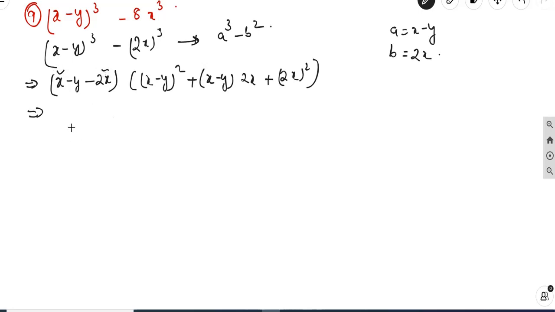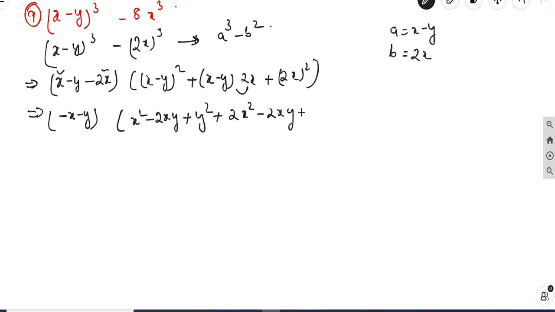So this becomes plus x and minus x, minus 2x, so minus x minus y. Now this one we will expand: x square minus 2xy plus y square. If I multiply these two terms, it becomes 2x square minus 2xy plus 4x square.